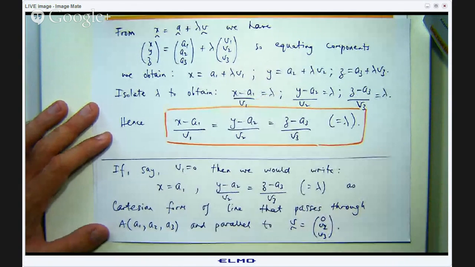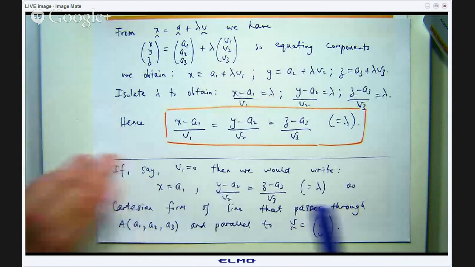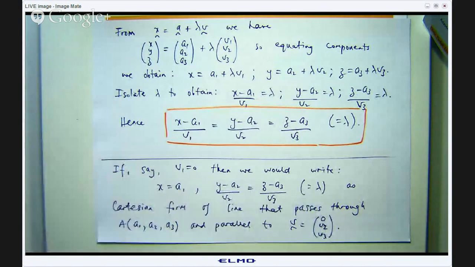Okay, and if say v2 was 0, then you would have y equals a2 or something like that, with the other two equations equal.